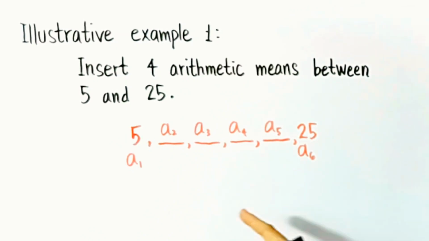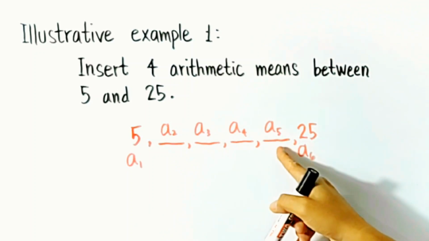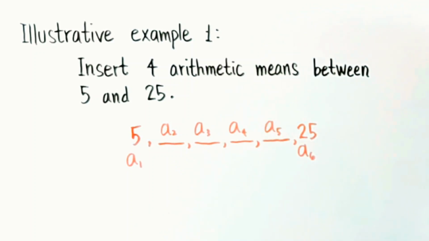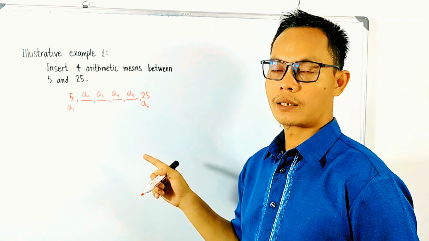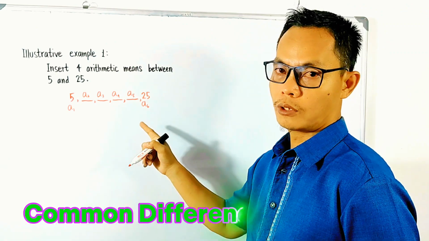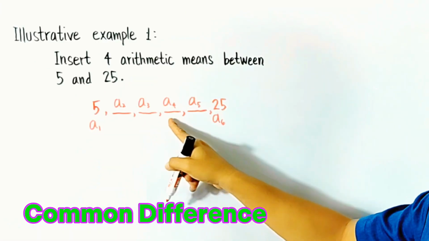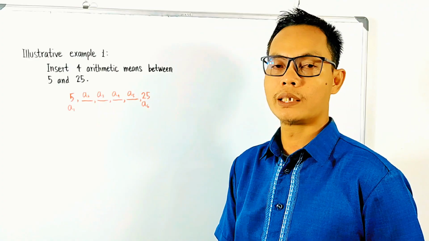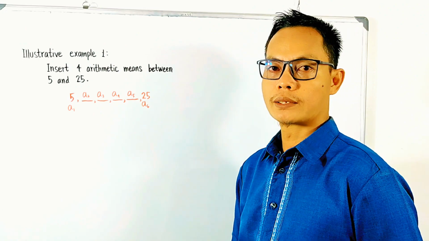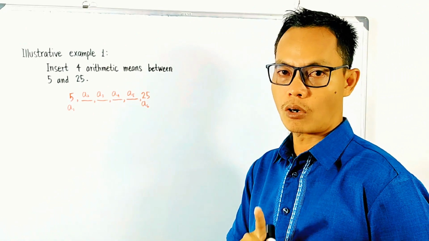Now, we cannot determine these unknown terms if we do not know the common difference. The main concern here is how to find the common difference for us to complete a sub 2, a sub 3, a sub 4, and a sub 5. You need to use the arithmetic sequence notation to get the value of the common difference.